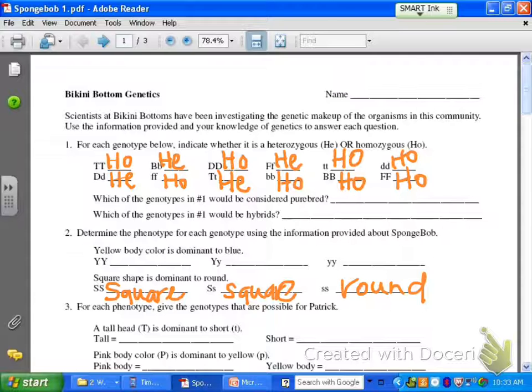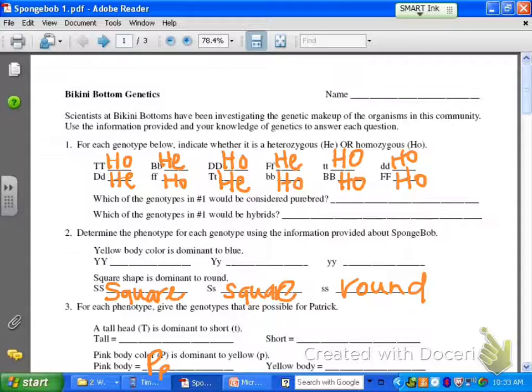Good. Now let's look at pink body is dominant to yellow body. What's the genotype for a pink body? Steven? The genotype, so the letter combination for both. Okay, big P, little p would be one.